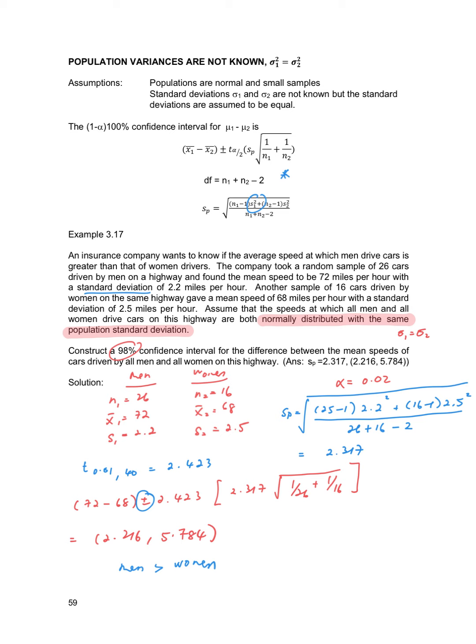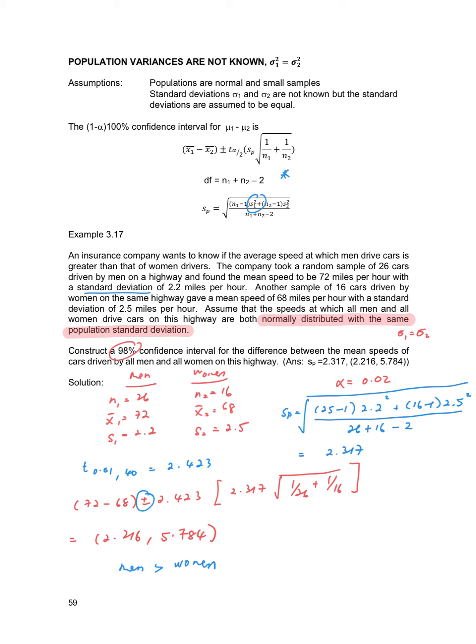Since when we subtract average man minus average woman, the confidence interval is positive, it means the larger value minus the smaller value. So the speed of man is greater than the speed of women.